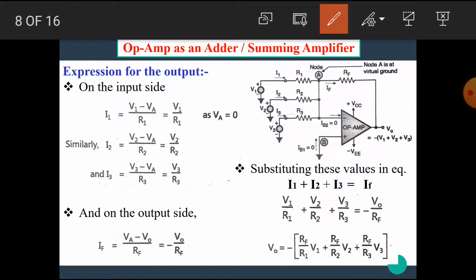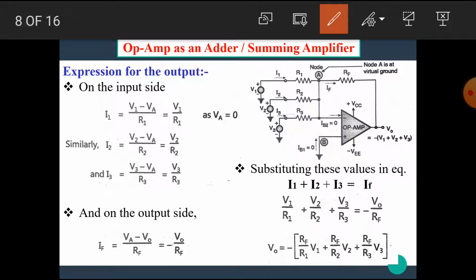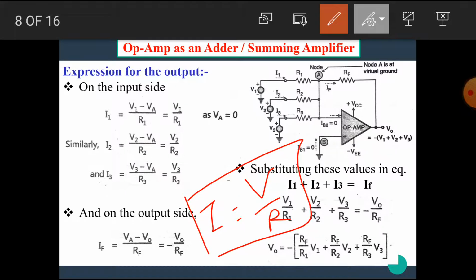Now, on the input side, the value of current I1 is given by Ohm's law, V is equal to IR. Hence I is equal to V upon R, where V is the potential difference. Hence we write V1 minus VA upon R1. This is according to Ohm's law.